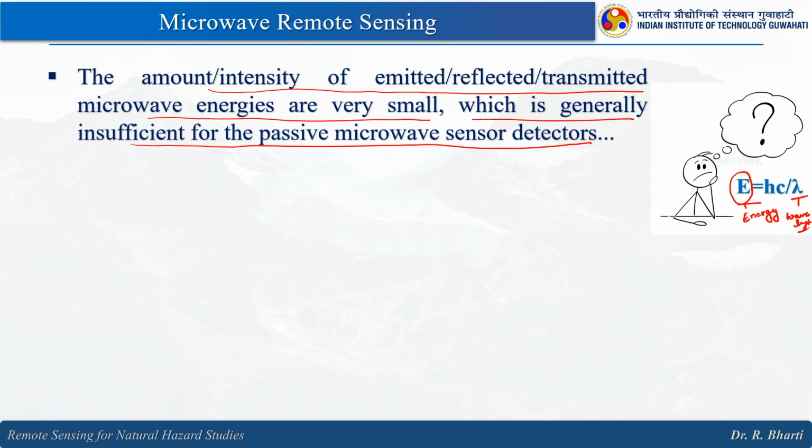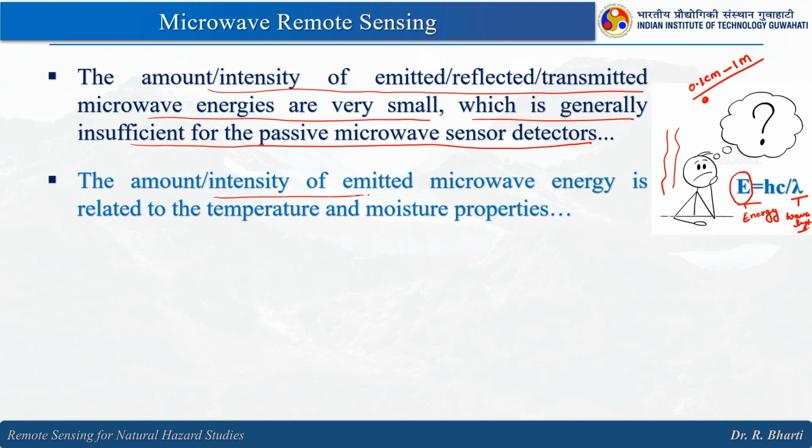So, if the wavelength is low, energy is high, and if the wavelength is longer, energy will be low. And since we are talking about the wavelength in the order of 0.1 centimeter to 1 meter, the wavelength is too high, right. So, energy will be very, very less, right.